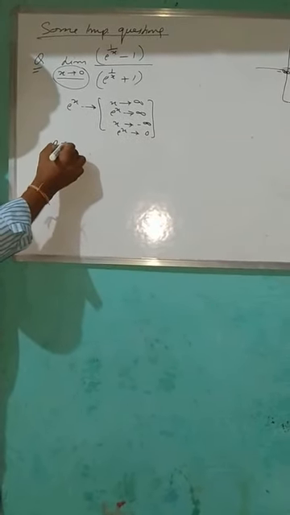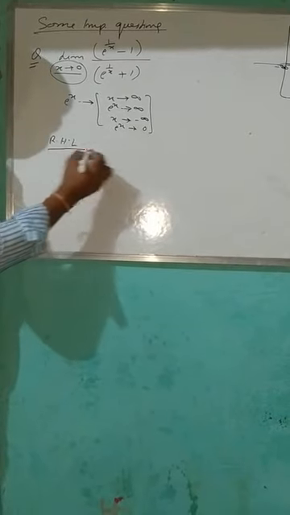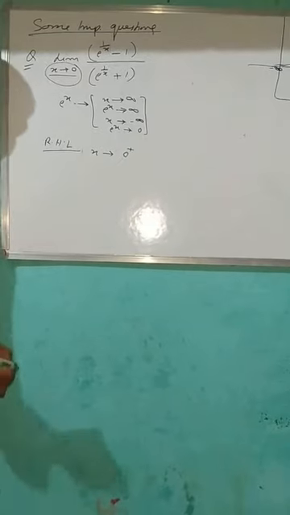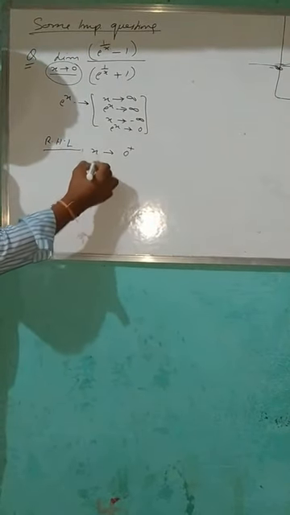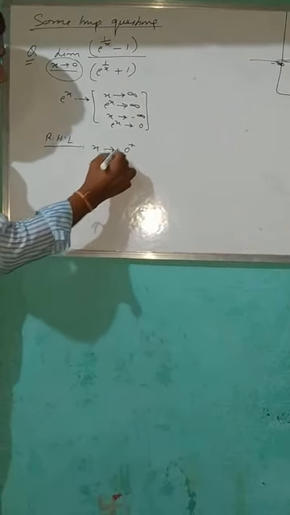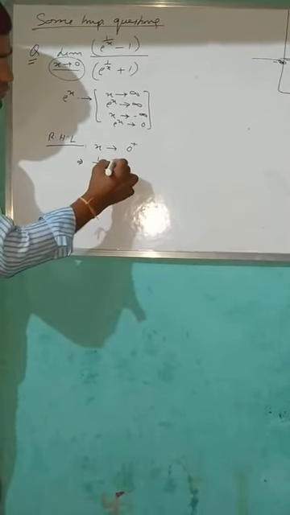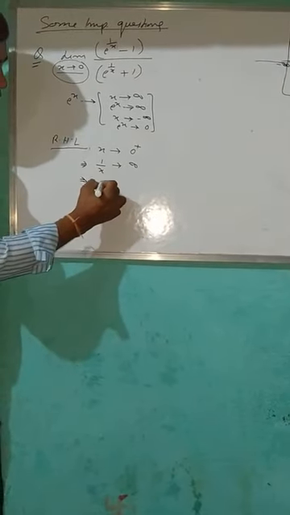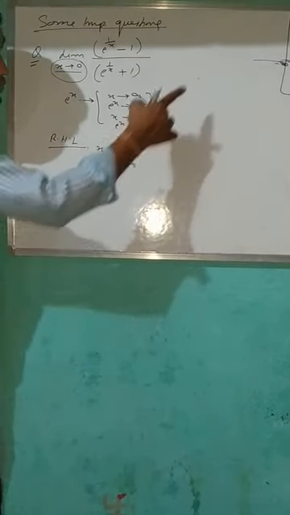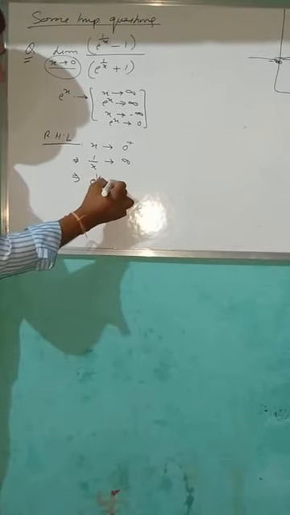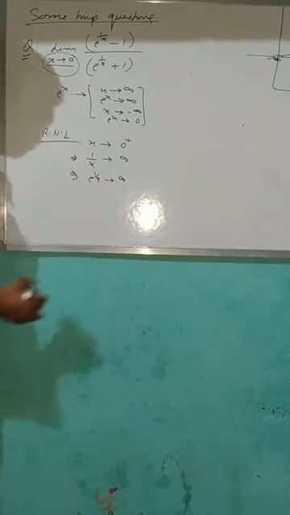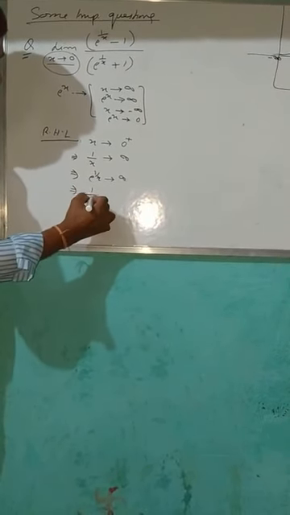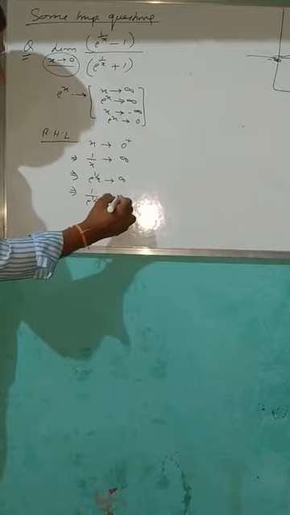When we take the right hand limit, x tends to 0 positive, which means 1 upon x tends to infinity. This implies e to the power 1 upon x tends to infinity, and this implies 1 upon e to the power 1 upon x tends to 0.